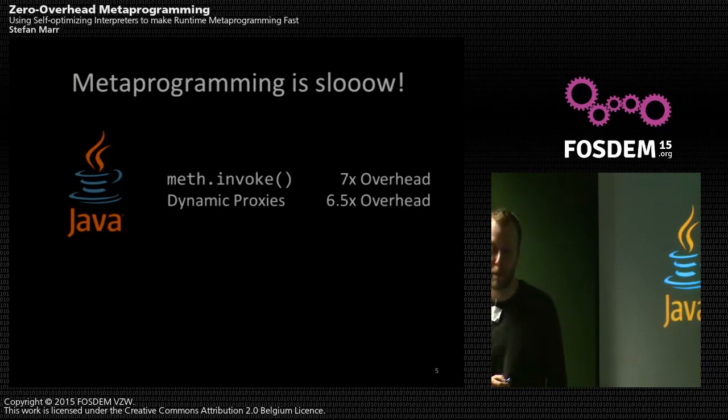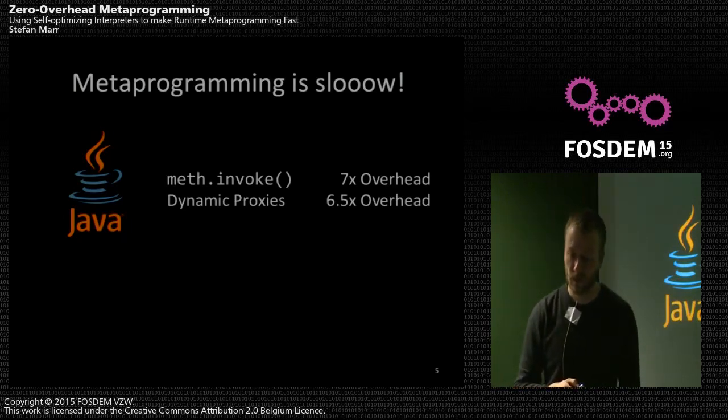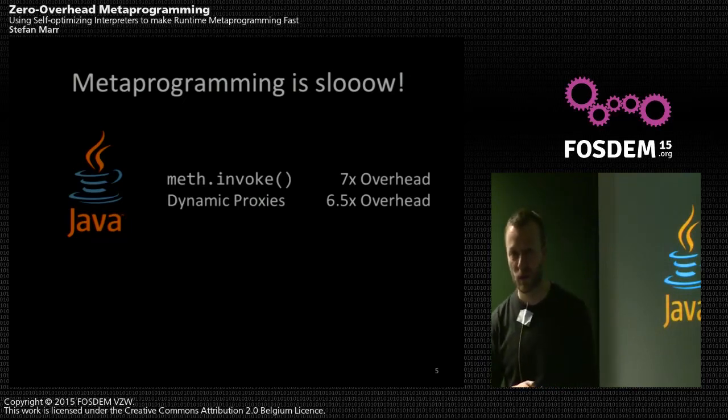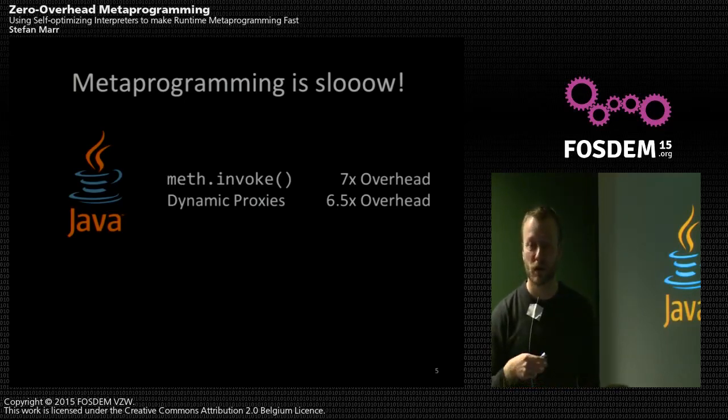And the assumption is that the only acceptable overhead is 0. The assumption is if you want to encourage people to use metaprogramming and not to avoid it in performance critical code, then you want 0 overhead. Otherwise you have the situation now that people find workarounds, which perhaps makes the code less readable.